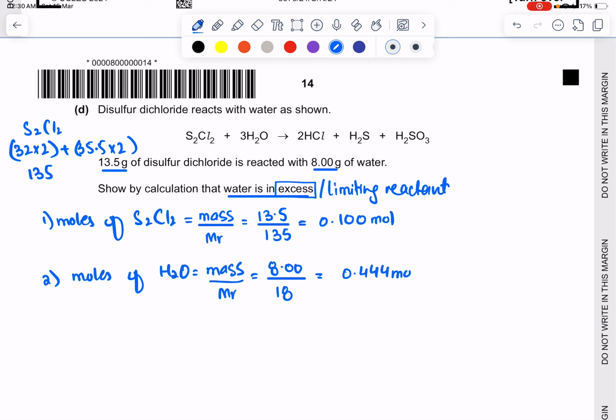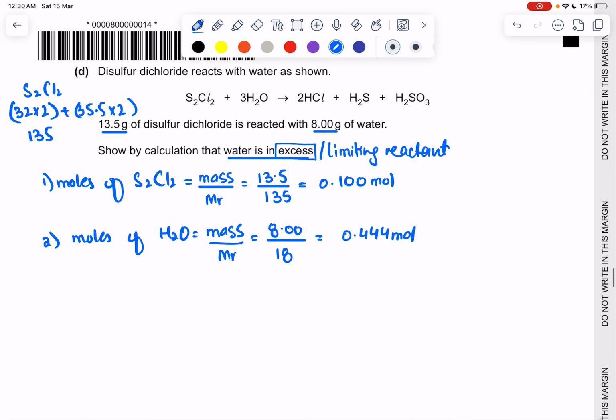Okay, after doing this, we have to apply the mole ratio to prove that water is in excess. The mole ratio between both the reactants, S2Cl2 to water. As per the balanced chemical equation, 1 S2Cl2 needs 3 water molecules.